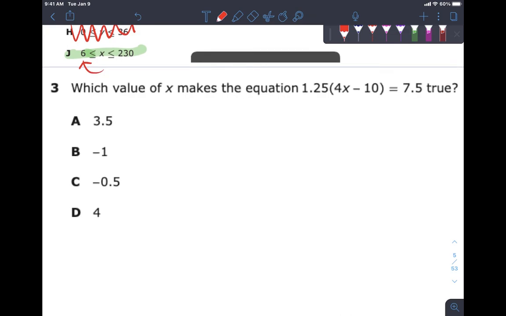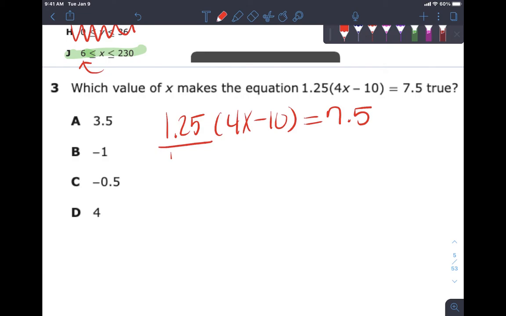Which value of x makes the equation true? So, first of all, there's lots of different ways we could go about doing this. I'm going to go ahead and solve this one by hand. Now, if I go ahead and distribute this, it is going to cause decimals to appear. Okay? I could go ahead and divide, see what happens there.